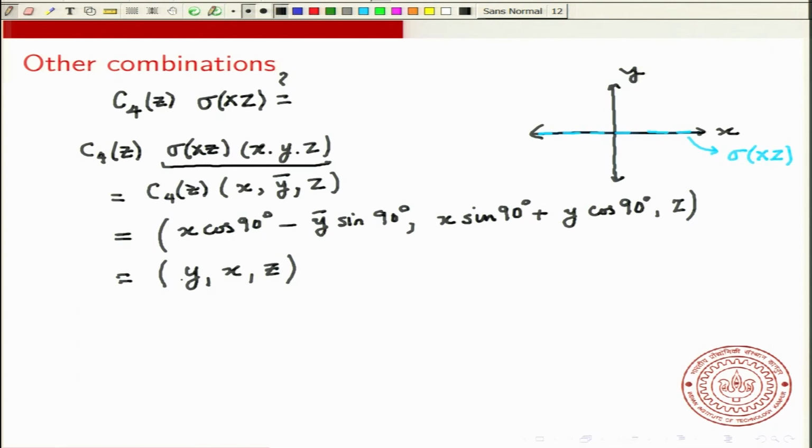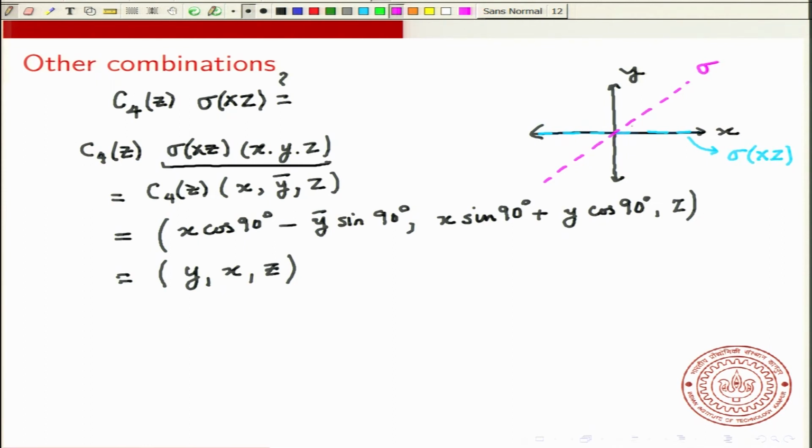Now, the question is, what would be something that does this? The answer is that reflection about a mirror that looks like this would do it. So, this corresponds to reflection about this mirror.